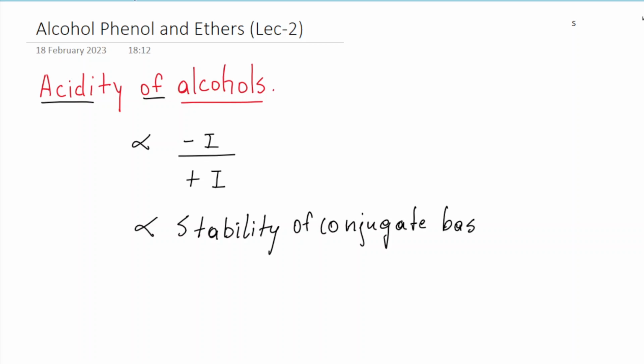The more stable the conjugate base is, the more acidic the acid is. For example, what is conjugate base? HA is an acid. It will give rise to A negative plus H positive. So whatever is formed after loss of a proton, that is conjugate base.